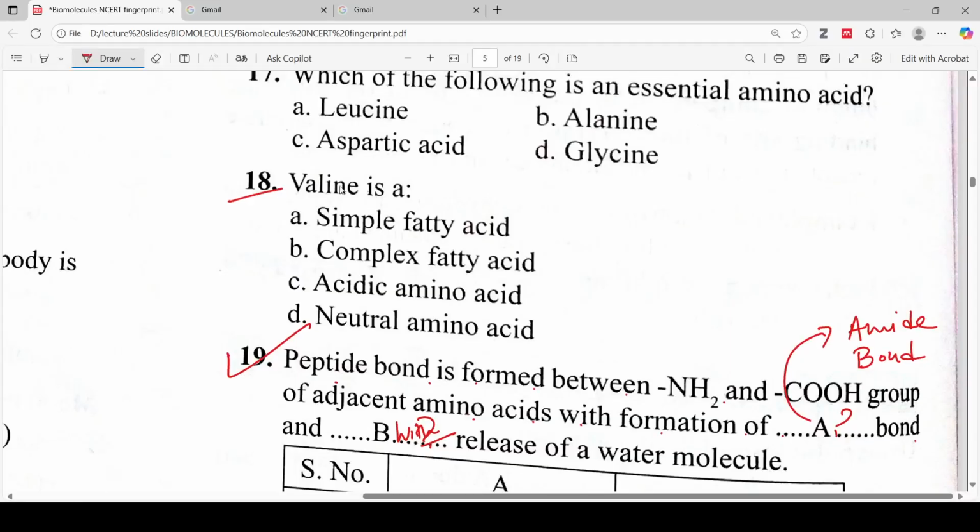Valine is an amino acid, but you have to find out which type of amino acid. It is acidic, neutral, basic, or simple fatty acid. So the first option is discarded because it is not a fatty acid. Complex fatty acid is also discarded because it's not a fatty acid. So acidic or neutral, here 2 options, you have to find the correct option.